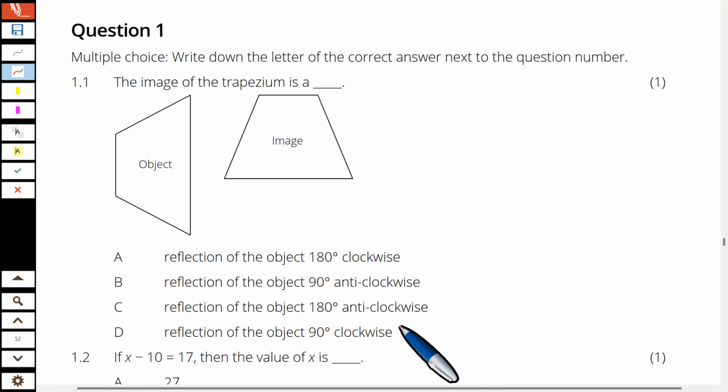If you look at the reflection of the object 90 degrees clockwise, that would be the answer to this one. So the correct answer is B, right? Because you can see that this is the object and that is the image, and it is transformed in that manner. When it's transformed that manner, it begins looking like the image.